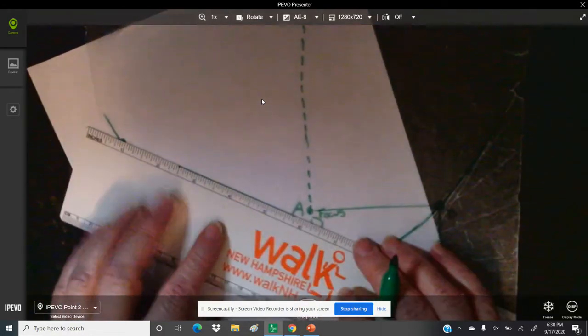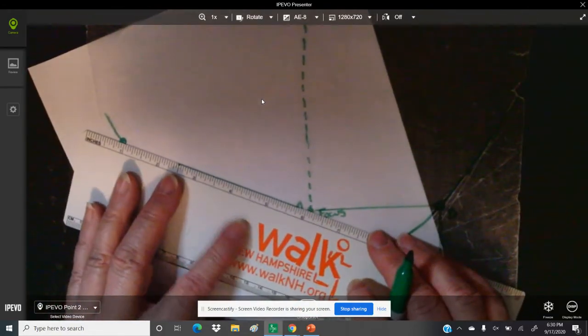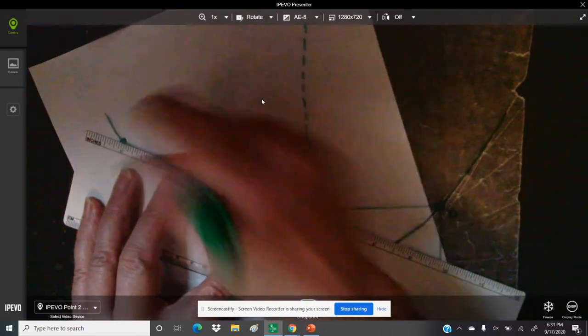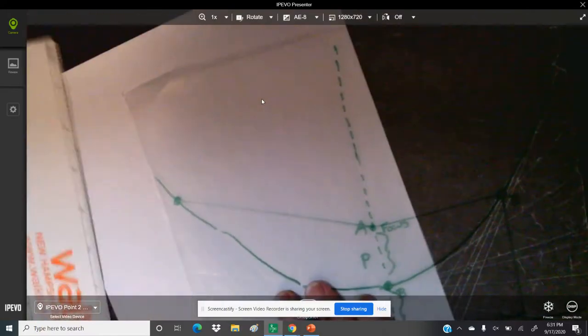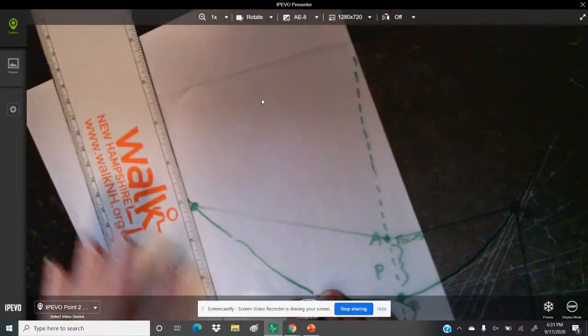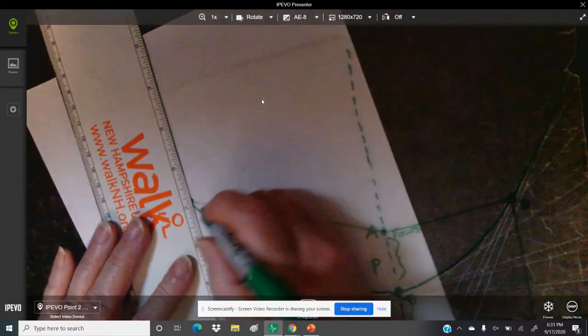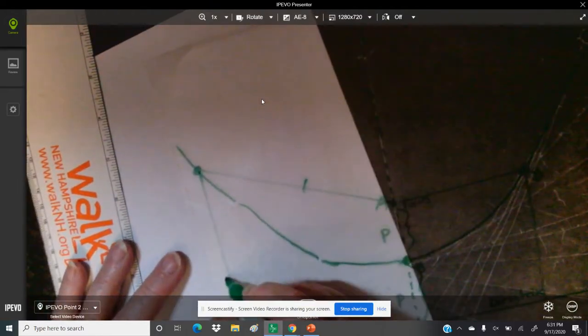If I draw a line from any point on my parabola to the focus and then draw a perpendicular line down to the directrix, those two segments will always be congruent, or the same measure. So this is going to be the same length as this. And that is your definition of a parabola.